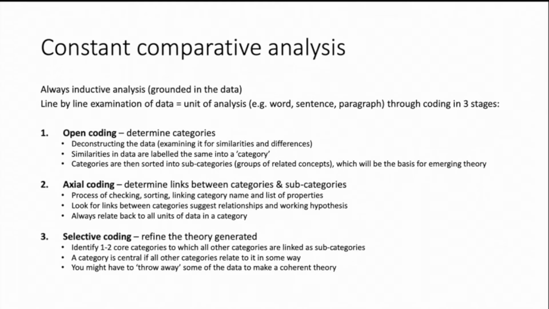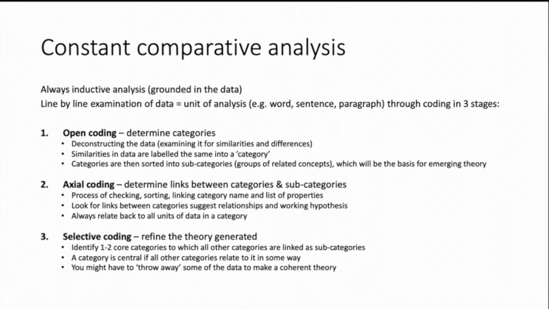The first one is called open coding, and the idea here is that you determine categories or codes for your data. So this means deconstructing the data, examining it for similarities and differences in how people talk about a particular topic or experience. And anything that is similar in the data is labelled into the same category.